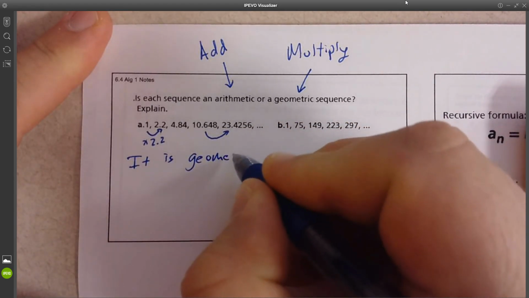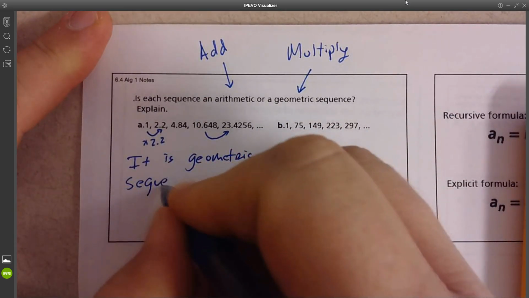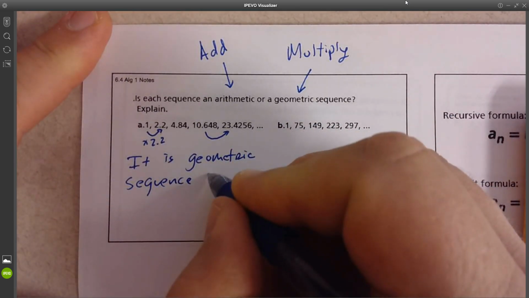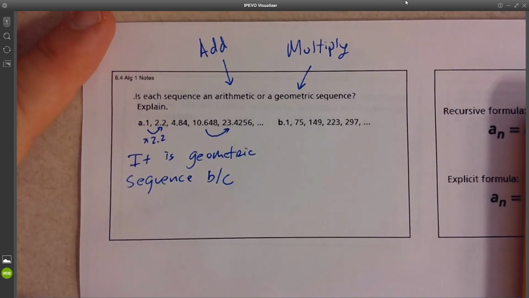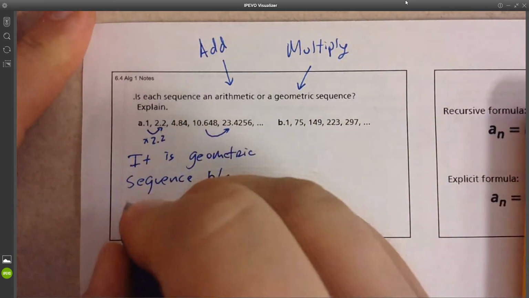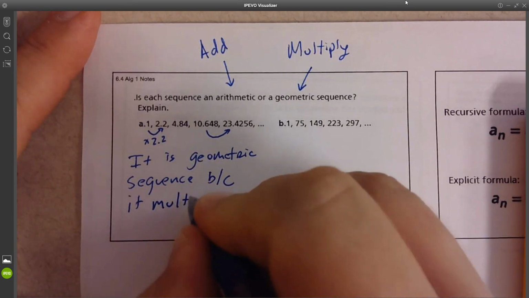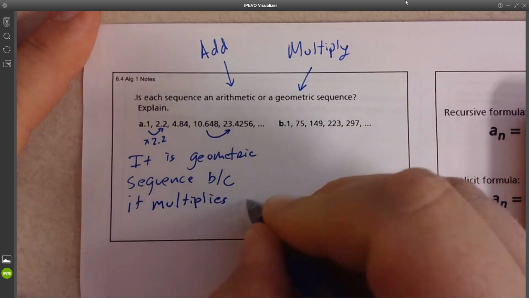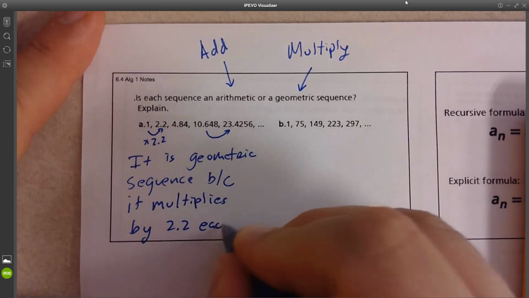How could we explain it? How do we know? I'd say because it multiplies by 2.2 each time.